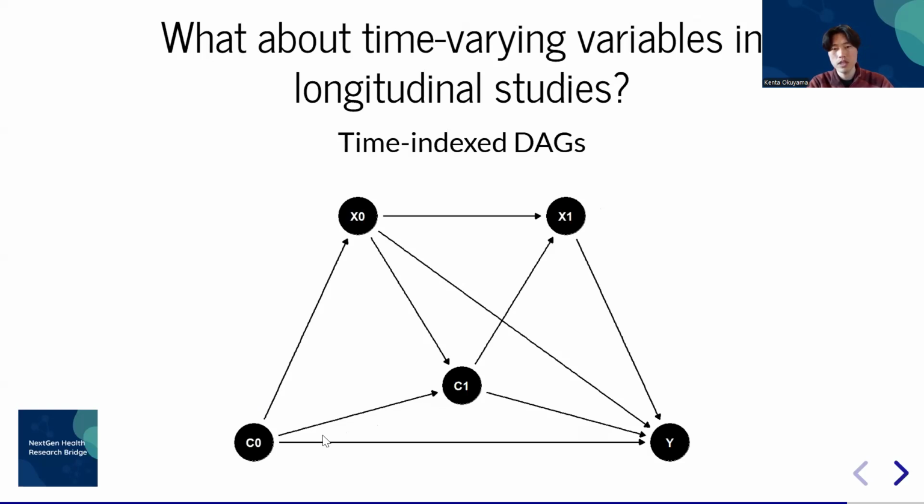And together with that, confounders or covariates may change status over time as well. We encode it as C1, and we can still connect all these with arrows in a directed way, so that we can keep the convention of DAGs.